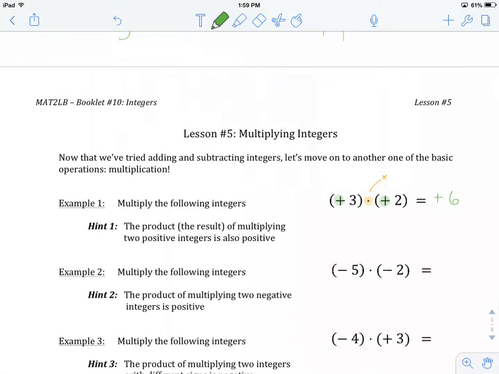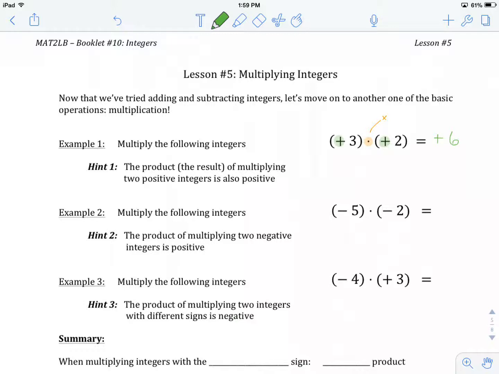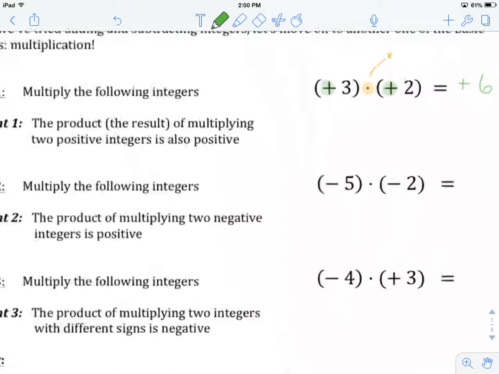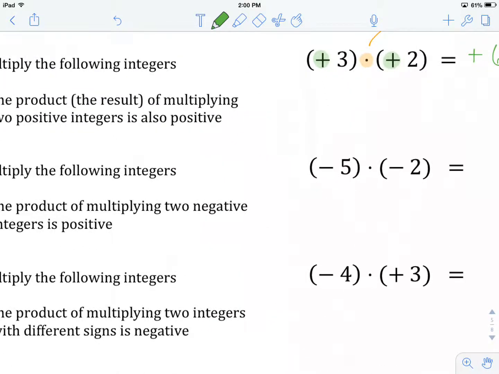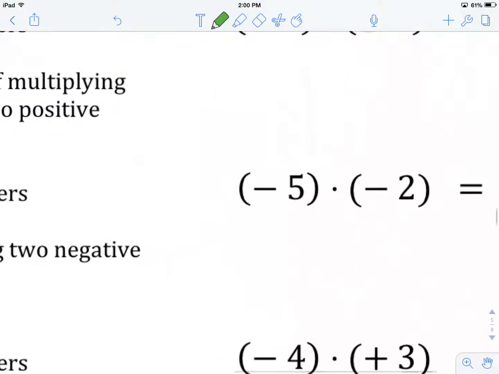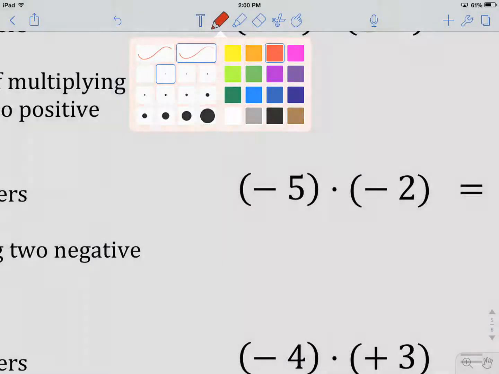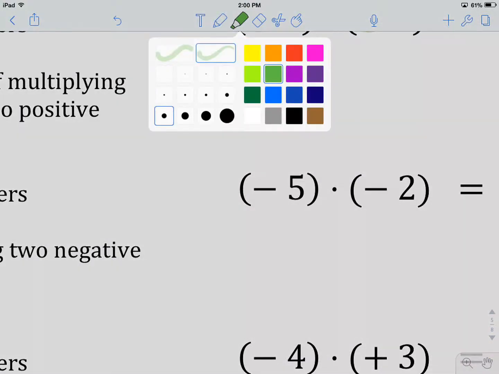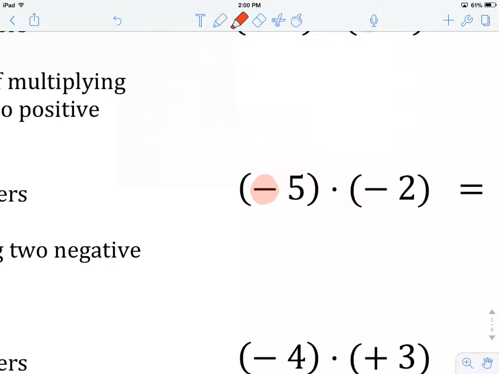Let's have a look at the second example. Example 2 says multiply the following integers, negative 5 times negative 2. And let's zoom in on that and look at the hint as well. The product of multiplying two negative integers is also positive, interestingly enough. So I am going to highlight those. Here we have a negative first integer being multiplied by a negative second integer.